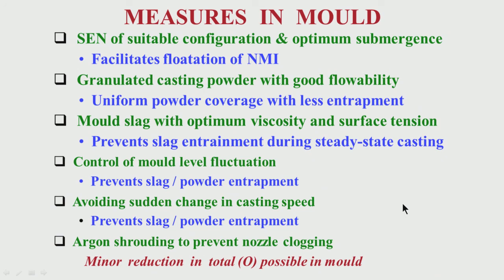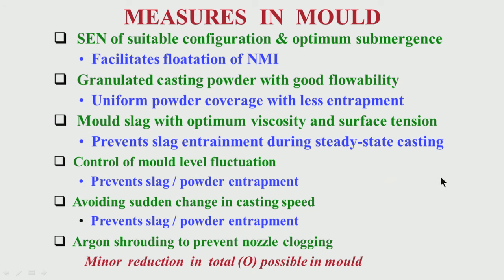if we do not allow any entrainment of liquid slag, we use argon to the desirable flow, so that there is no air ingress. We do not use too much of change in the casting speed, too much of turbulence we do not want. So, if you take all these measures, then some amount of enhanced cleanliness is also possible in mold.